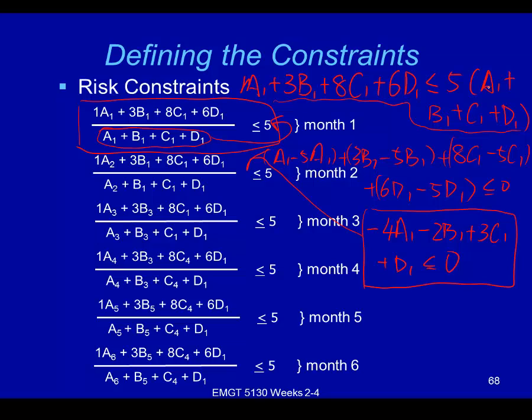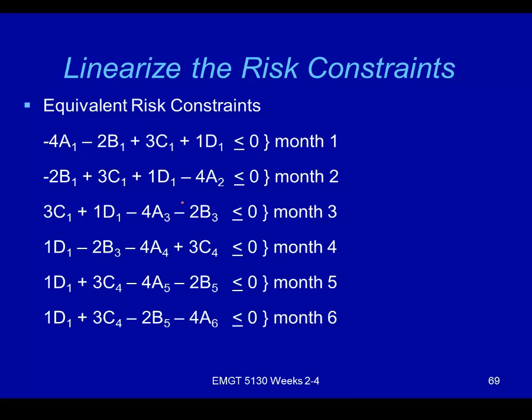Then we have the complete model for this problem with this additional condition. And you would need to linearize all the different months based on similar logic and implement in Excel. So here, these are the linearized risk constraints. You can take a look at them to compare with the ones you have. And we can implement this in Excel.